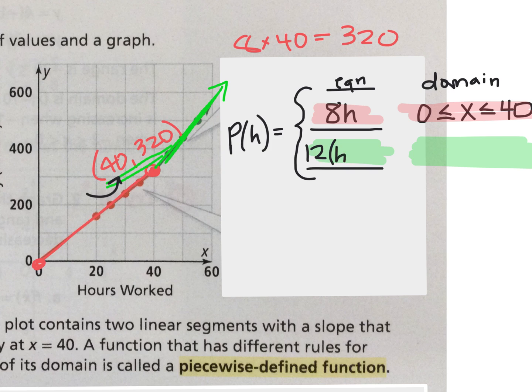Remember, inside's opposite, so it's going to be h minus 40. Then I pushed it up 320, so it's going to be plus 320. That's my equation. All right. Now the domain for this only applies after she has worked 40 hours. So the domain is going to be when h is greater than 40 hours.